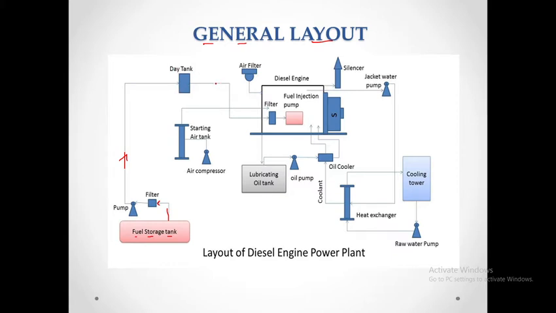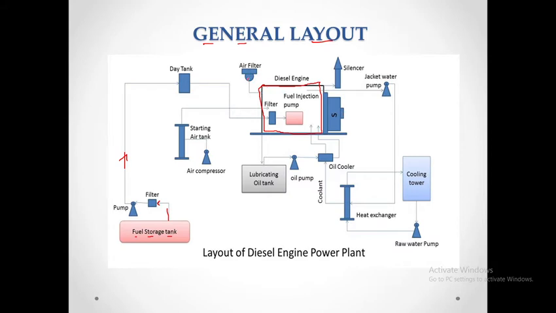From the day tank the diesel will go to the diesel engine. So this complete setup is the diesel engine. Then there is the shaft, which is connected to the generator.